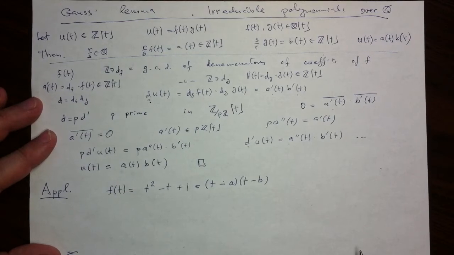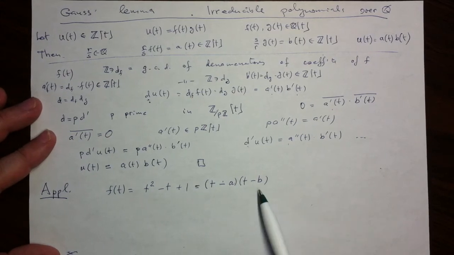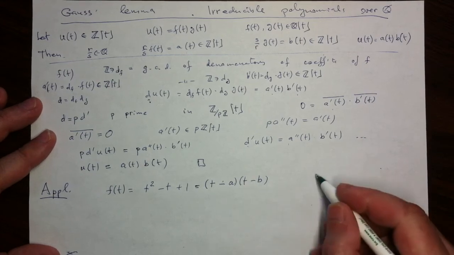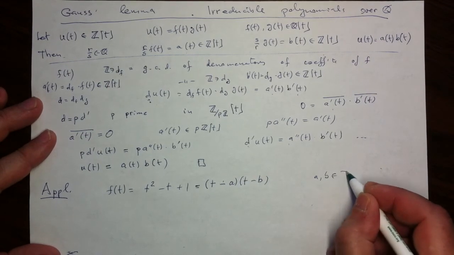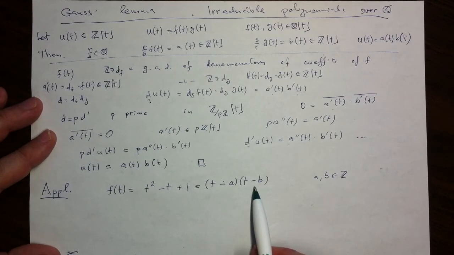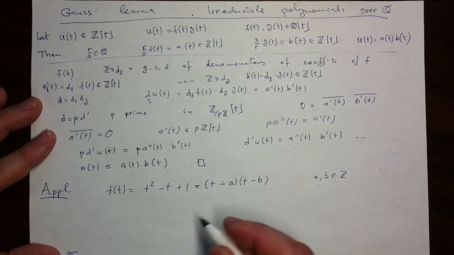Of course, we could check, knowing possible a and b's, if they are roots or not of this concrete polynomial. But let's look at what a and b, being integers by Gauss's lemma, have to satisfy. If we just open these brackets and multiply the terms, the free coefficient will be the product of a and b.